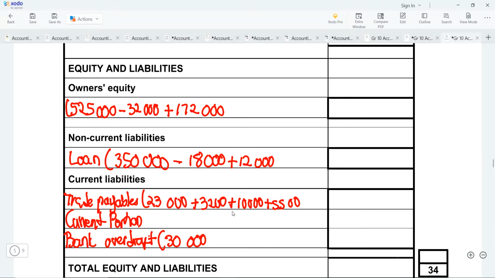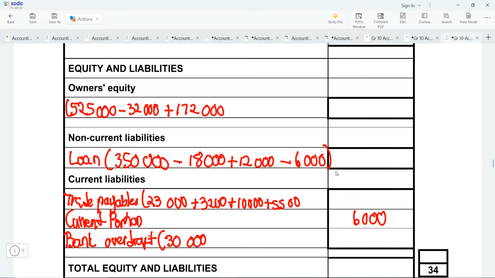in that particular period. Now remember, that 6,000 comes here as a current portion on loan because we are going to pay it in the next 12 months, so it's payable. And on the loan we are also supposed to subtract it, so we say minus 6,000.